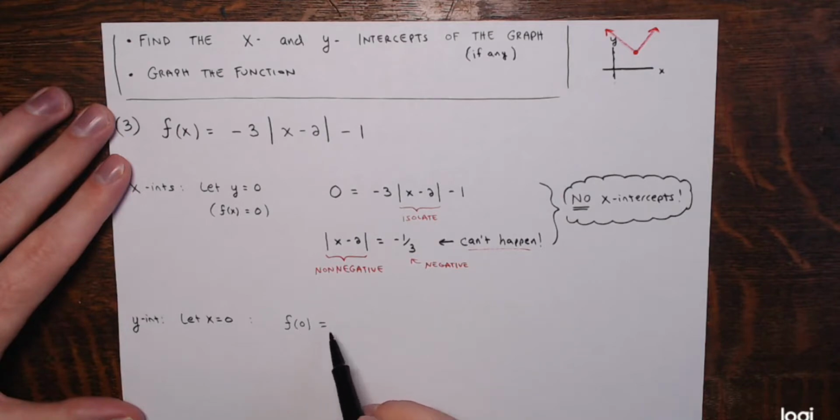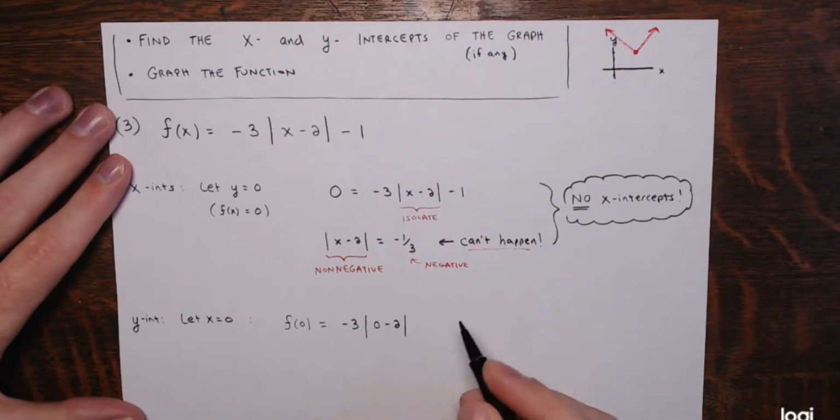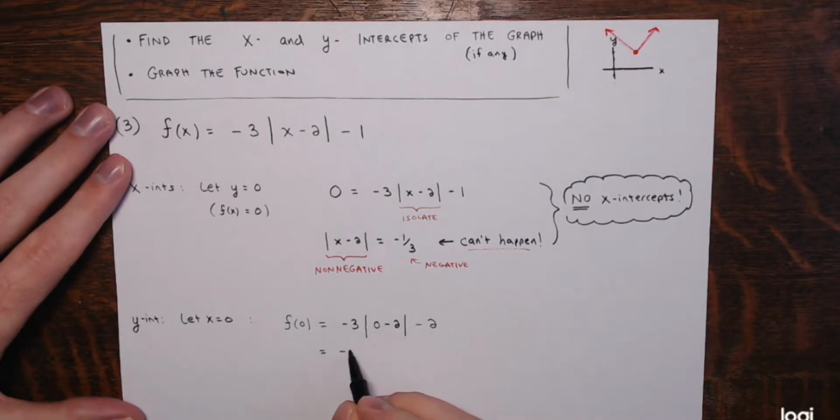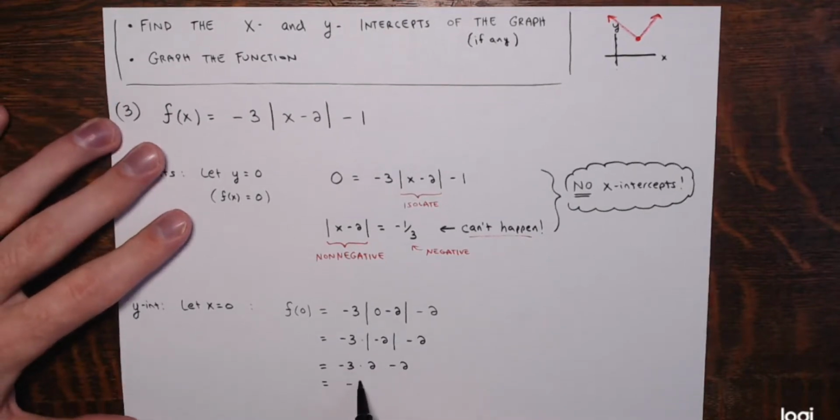Or you could just put y equals negative 3 times the absolute value of 0 minus 2, and then minus 1. Alright, so this is negative 3 times the absolute value of negative 2, and then minus 1, and the absolute value of negative 2 is positive 2. So this is negative 3 times positive 2 minus 1. Then you do multiplication first, right? This is negative 6 minus 2. This is negative 8.